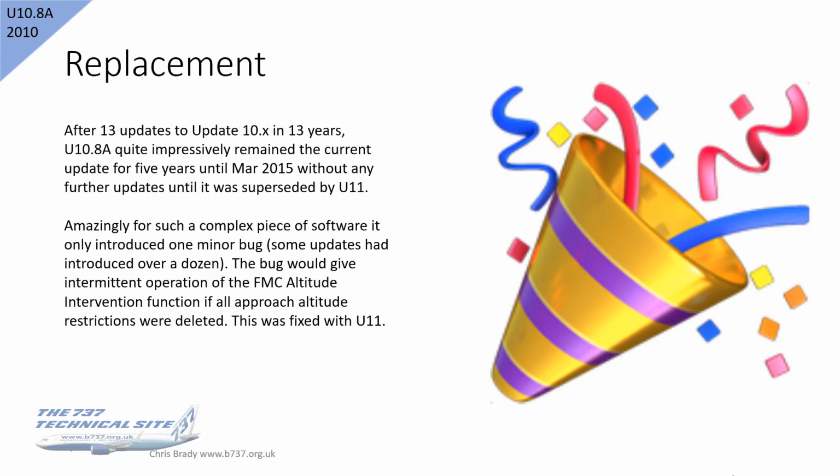Amazingly, for such a complex piece of software, it introduced only one minor bug, and note that some updates had introduced over a dozen. That bug would give intermittent operation of the FMC altitude intervene function if all of the approach altitude restrictions were deleted, and that was easily fixed with update 11. So they got there in the end.